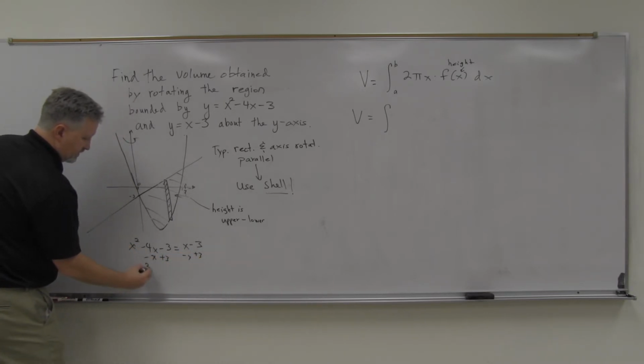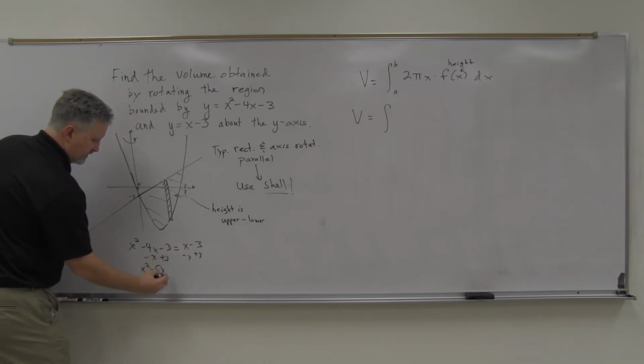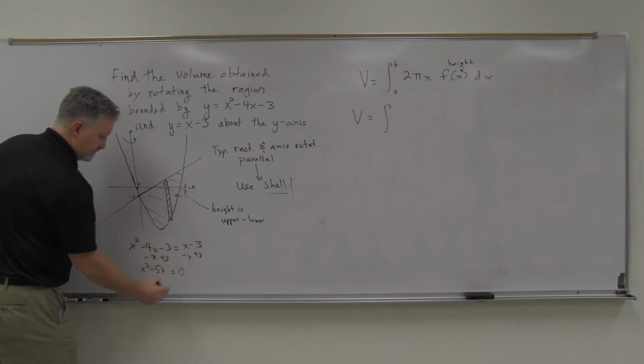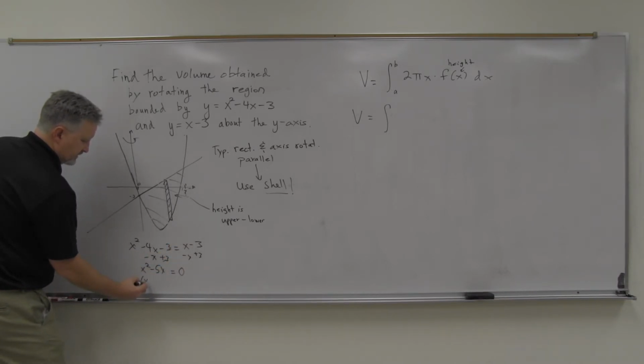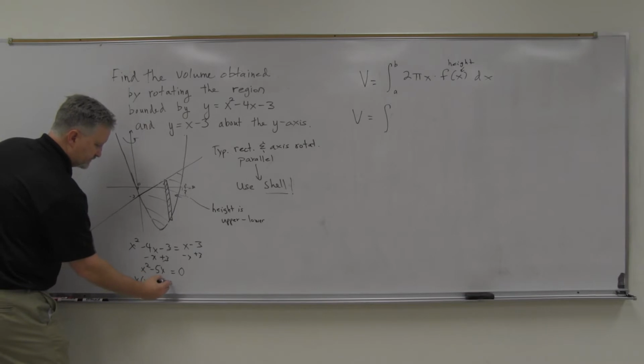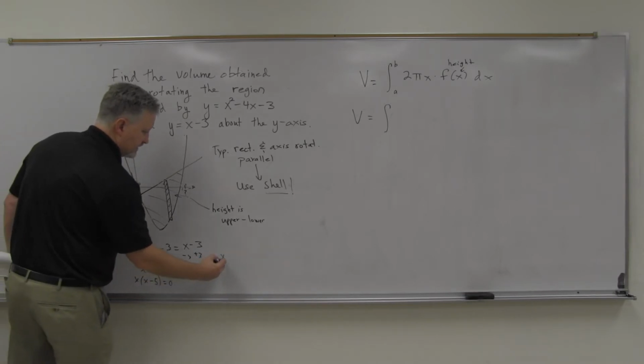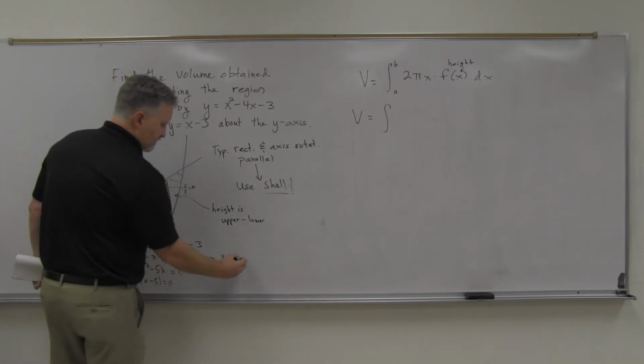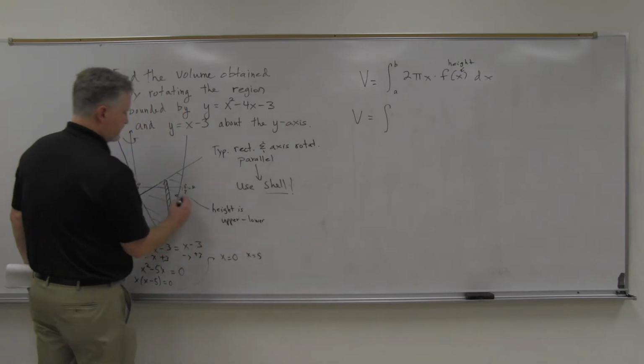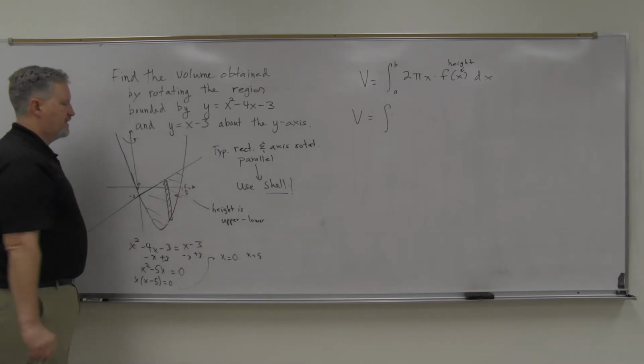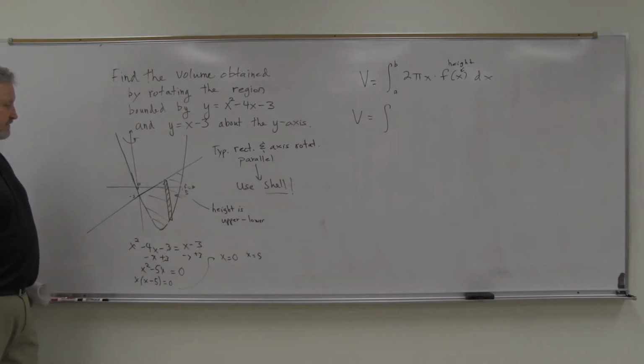That'll be x squared minus 5x. Those will cancel, so that's 0. So if you factor out an x, that's x times x minus 5. So that's x equals 0, x minus 5 equals 0. So they intersect there at x equals 5 and 0.